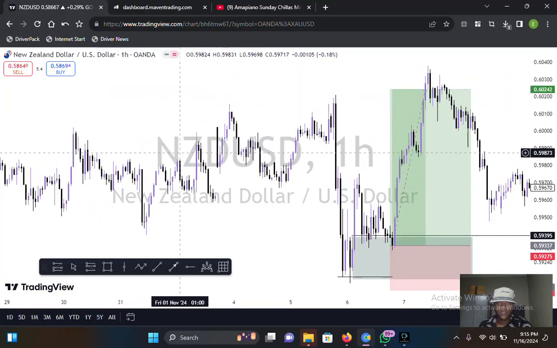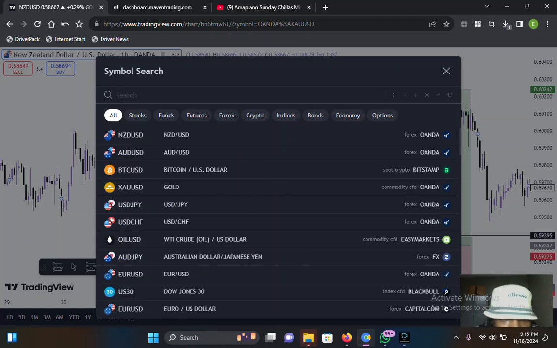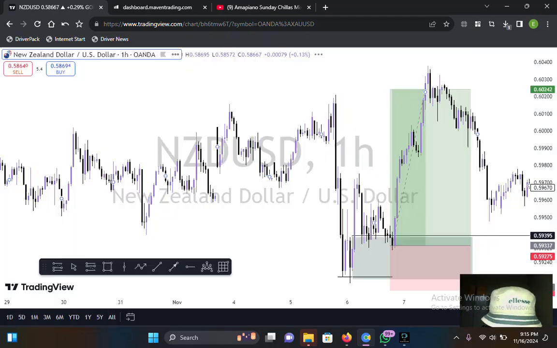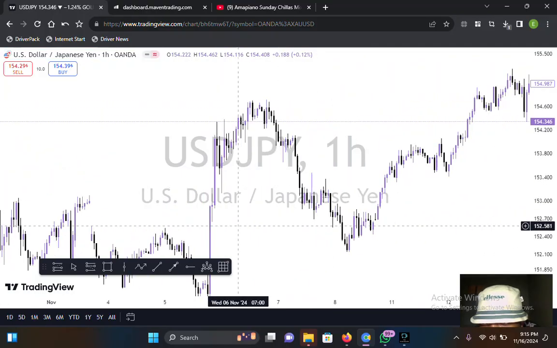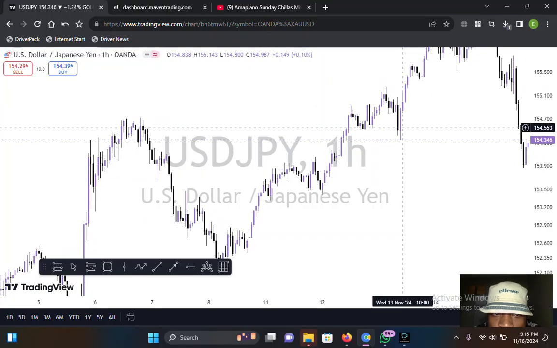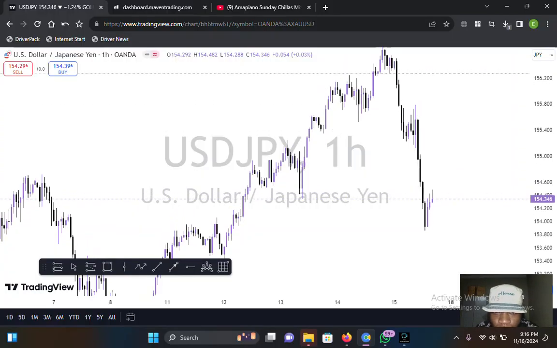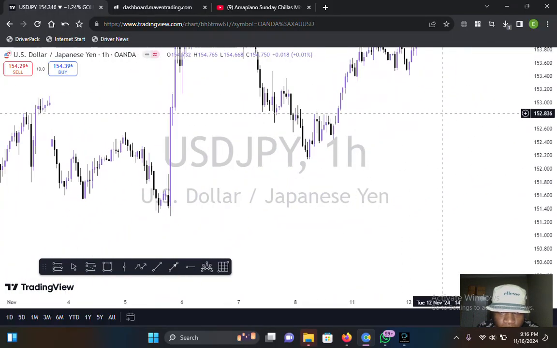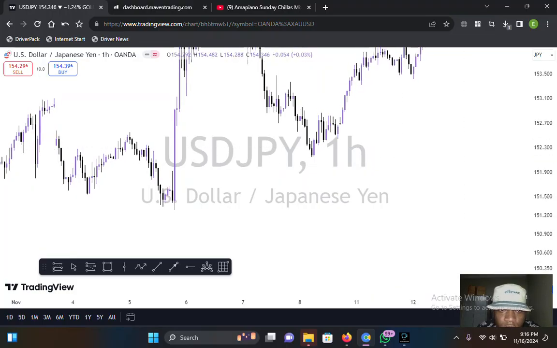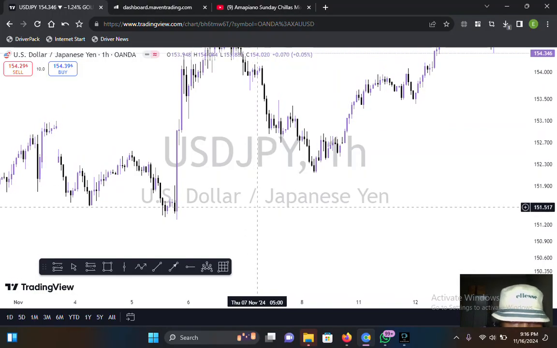Let us try and look at some other pair. Let's look at, what is this, the USD JPY. Okay, USD JPY, we swept liquidity here.